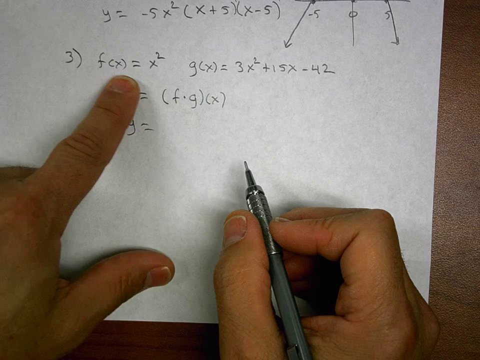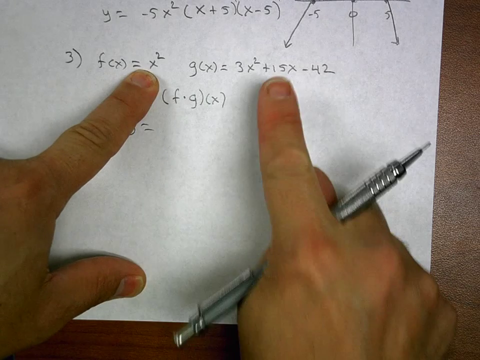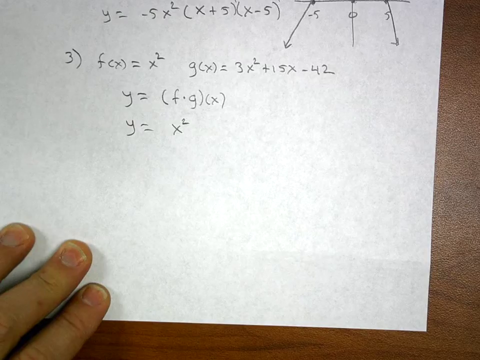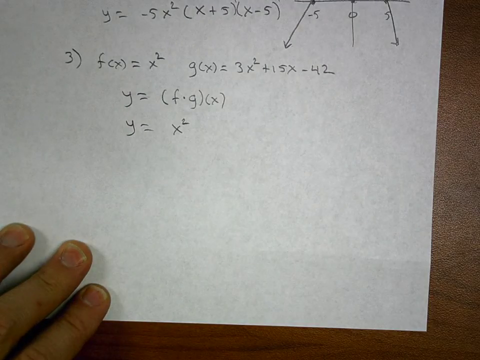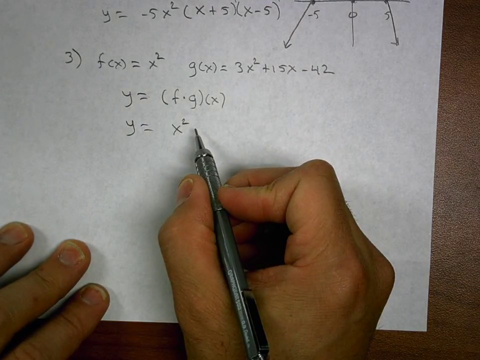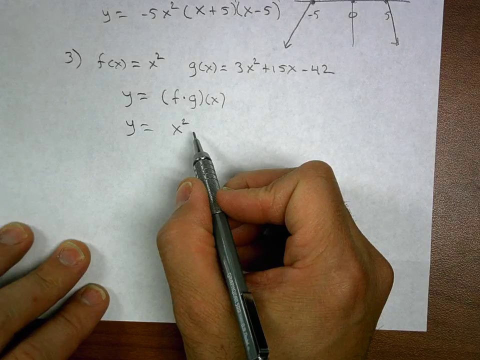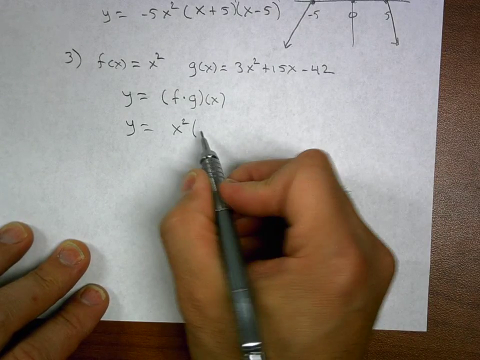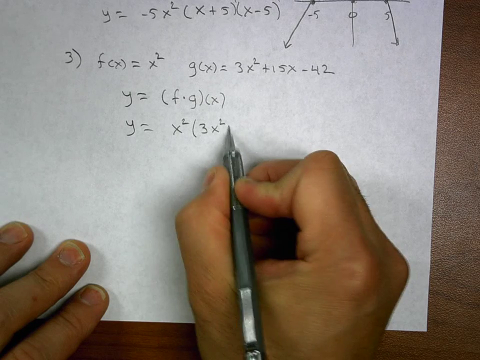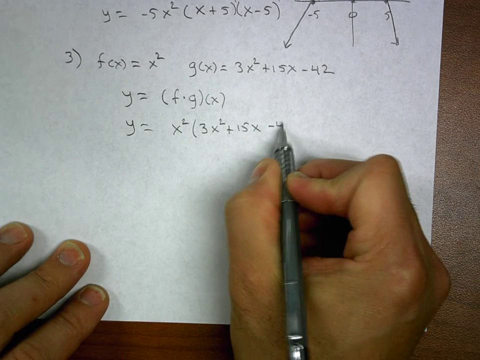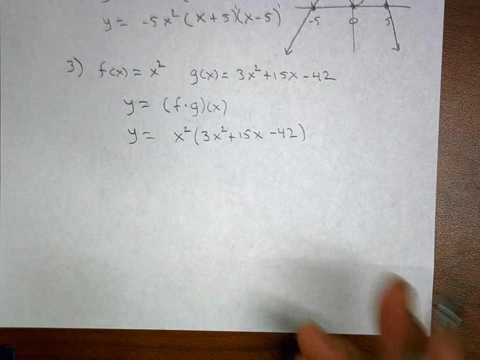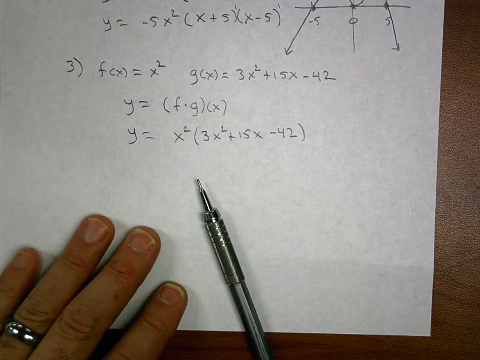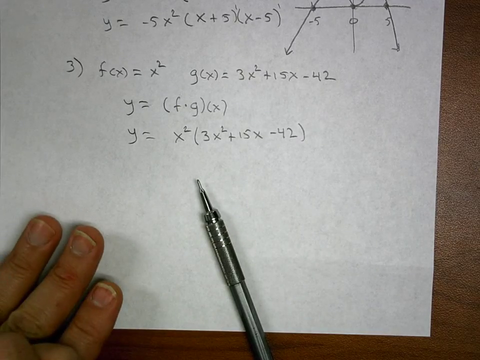So f of x is x squared, times, and I'll put in parentheses 3x squared plus 15x minus 42. There is f of x times g of x. Okay, a lot different from f of g of x.